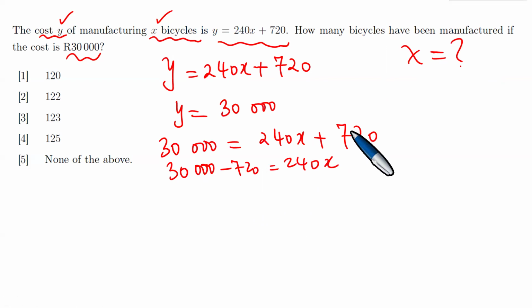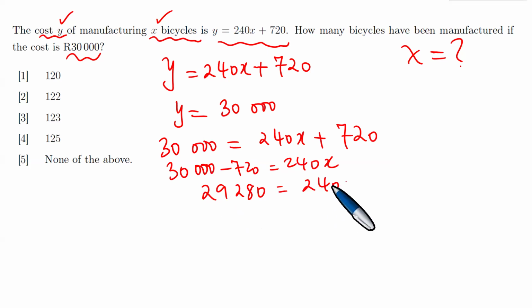Which means, therefore, you have 30,000 minus 720. 30,000. Yes, it is exactly 29,280. Is that what you have as well?